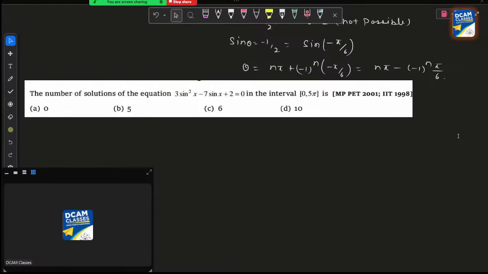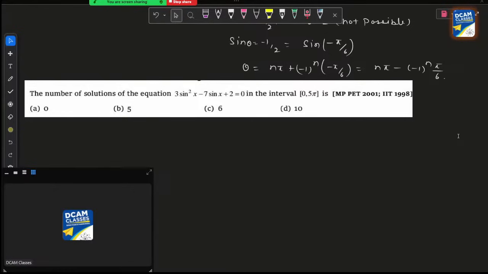Will the answer be 5? Option B. Wait, let me check. They are saying 6. What value are you getting? Sin x is equal to 1 by 3, you are getting? Yes, sir. How are you getting it?